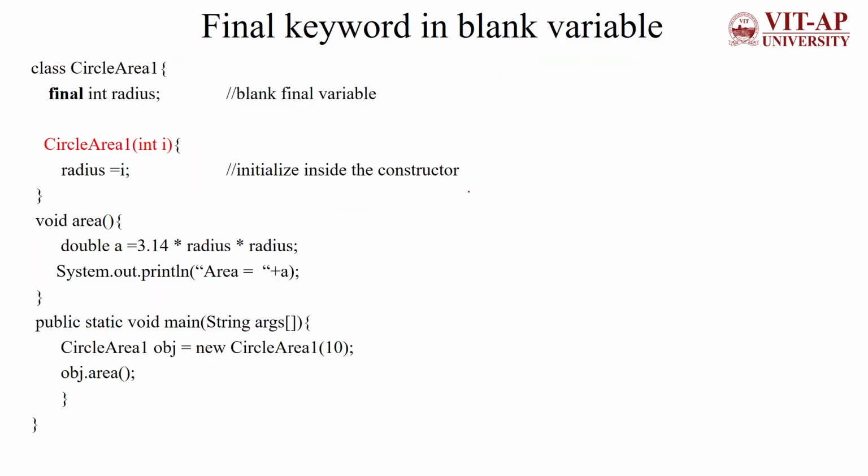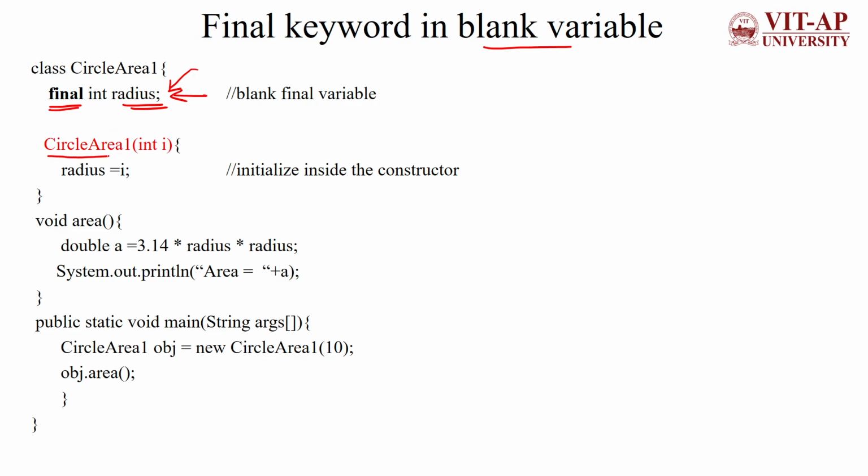Next, here we are going to declare a blank final variable. That means the variable is declared as final, but it is not initialized during the declaration time itself. If so, it is called a blank final variable. It should be initialized inside the constructor only.